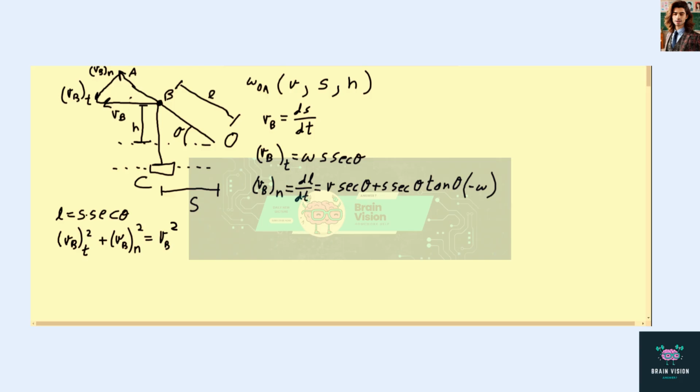So there will be some messy algebra involved here, but we take our VBT, square it, our VBN, square it, and we'll have to use a trig relation that 1 plus the tangent squared of theta equals the secant squared of theta.